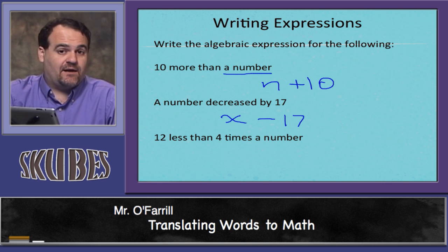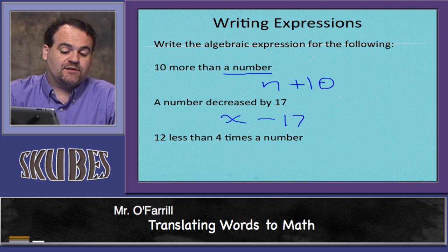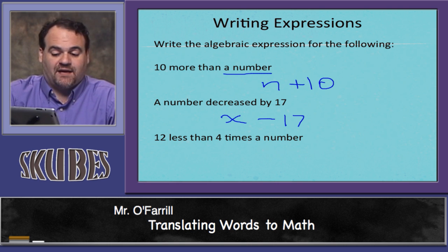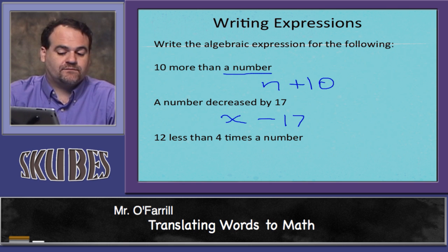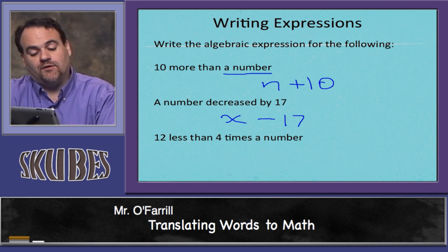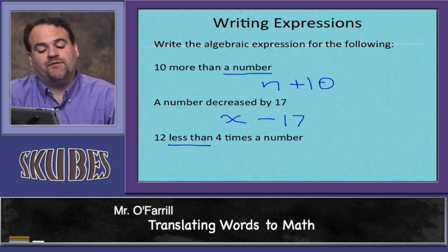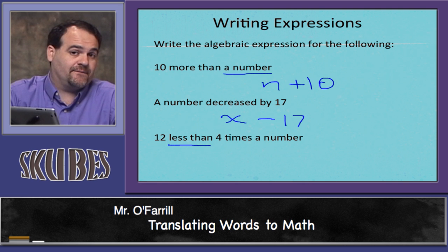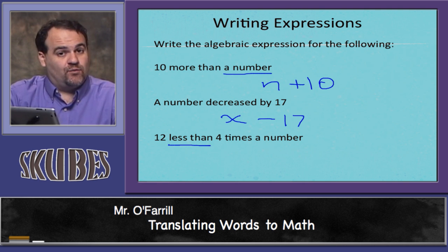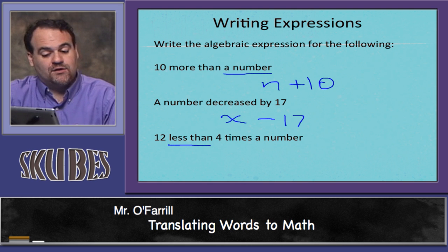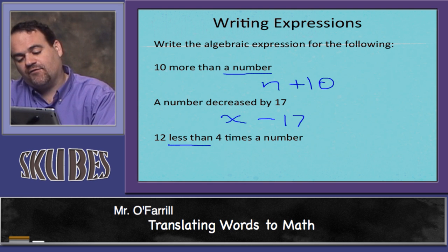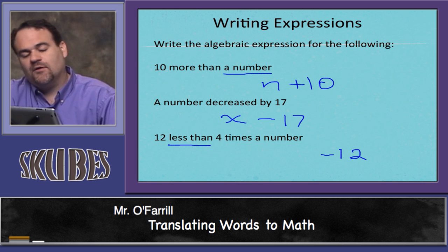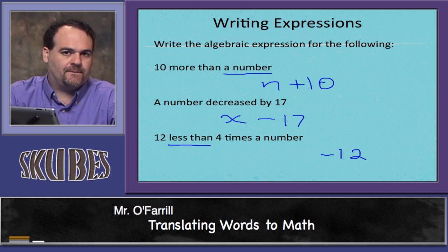All right, now take a look at this one. It says 12 less than 4 times a number. Okay, now do you remember what I said was special about the phrase less than? Remember, less than, we're doing it in the opposite order. So when I say 12 less than 4 times a number, we know we're going to end this with a minus 12.